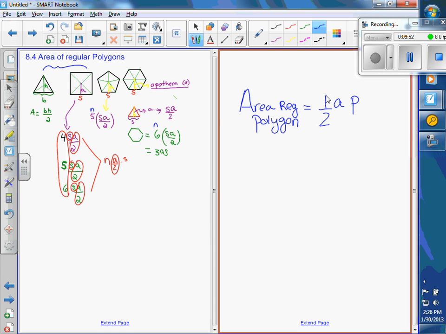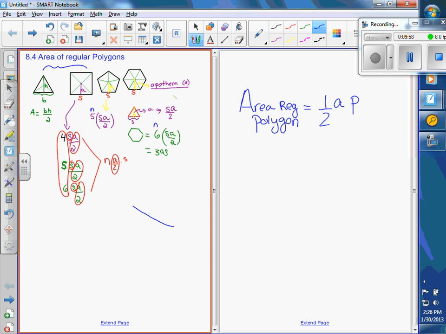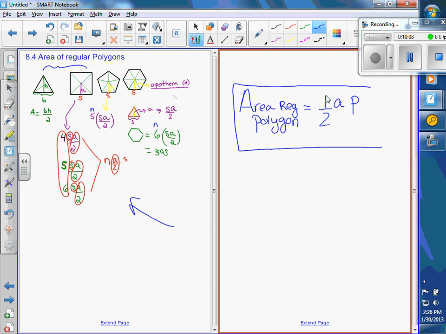Why is that the same? Because this is the sides. Where's the perimeter in this? What makes the perimeter? All the sides times N. So this is a very standard formula that you're going to see in future books, in your student handbook probably.